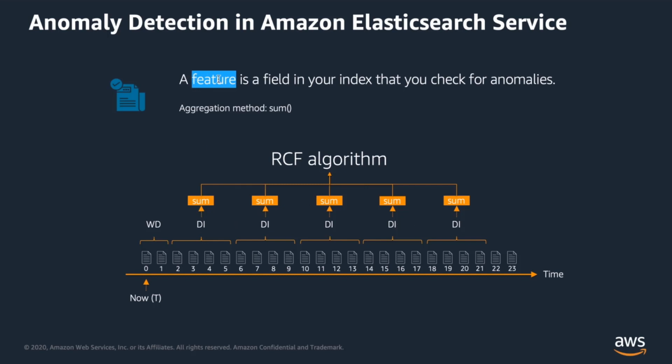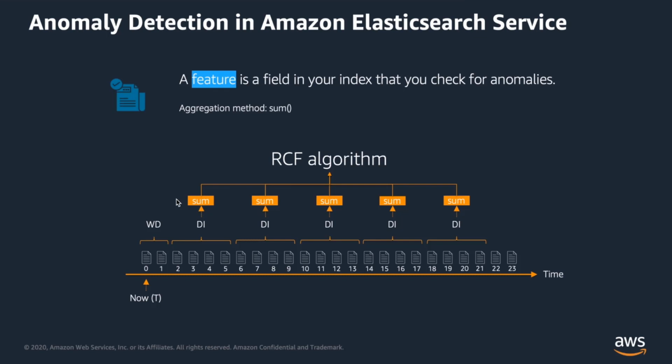When you configure a feature, which could be a particular field within your JSON log packet, you also configure an aggregation function to be applied over that detector interval. Out of the box, you can use aggregation methods like sum or minimum or maximum. You could also do things like a cardinality count.